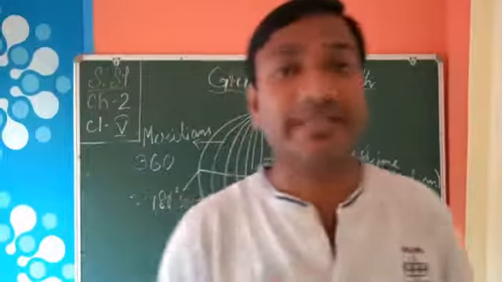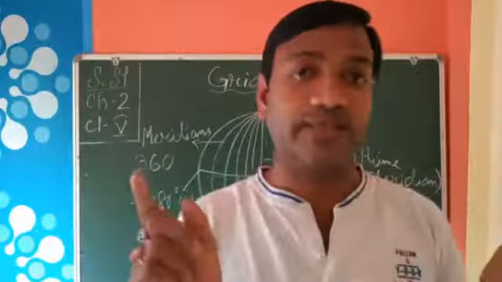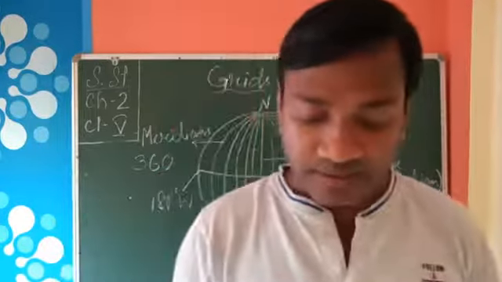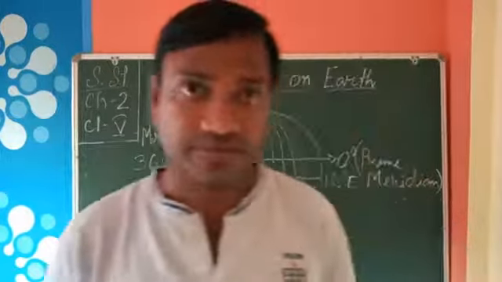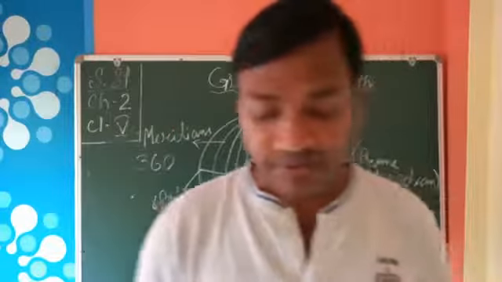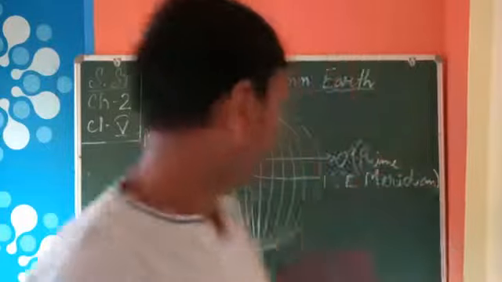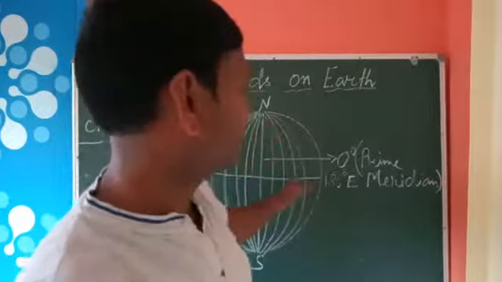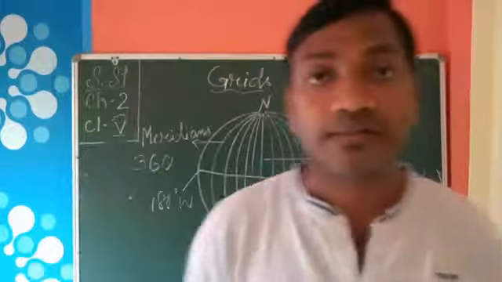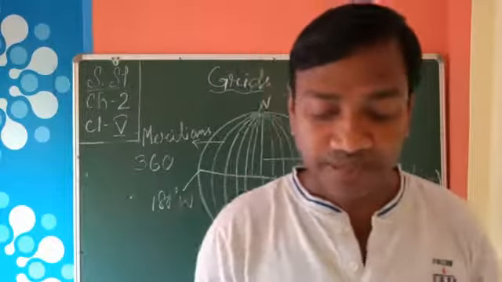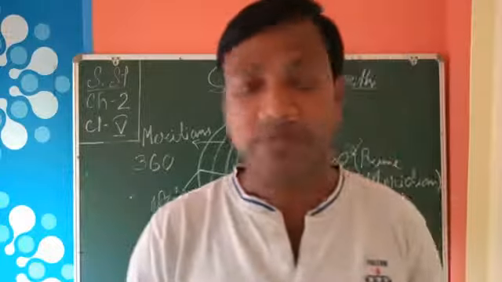So 180 degree east and 180 degree west. And not like the latitudes, longitudes are never parallel to each other. The meridians of longitude are all the same length.